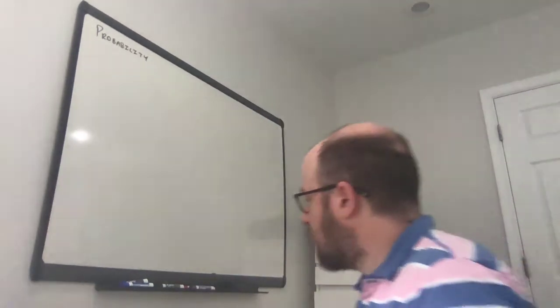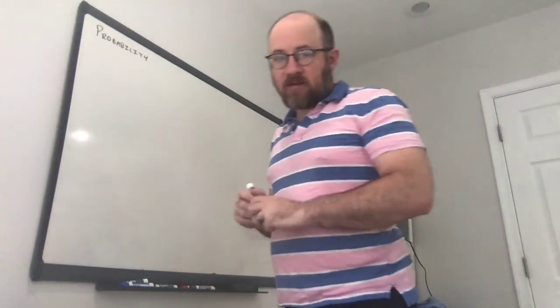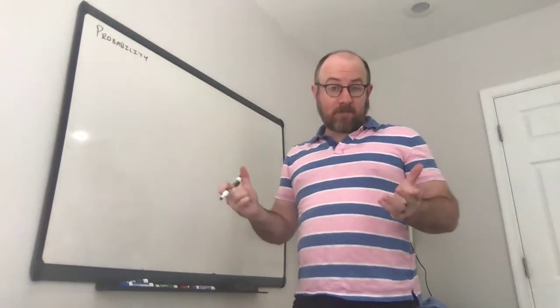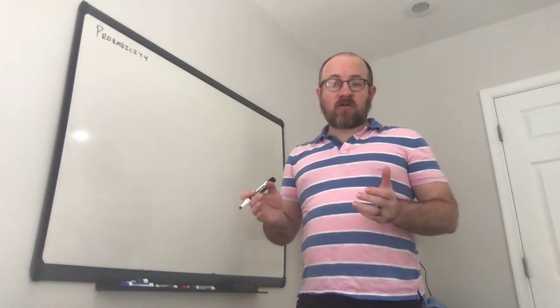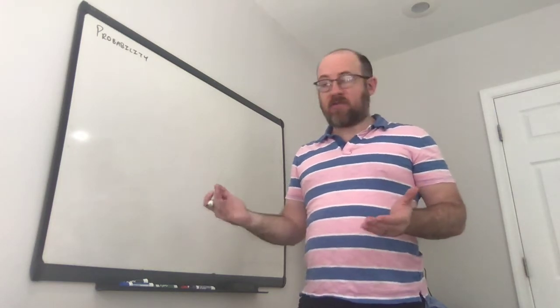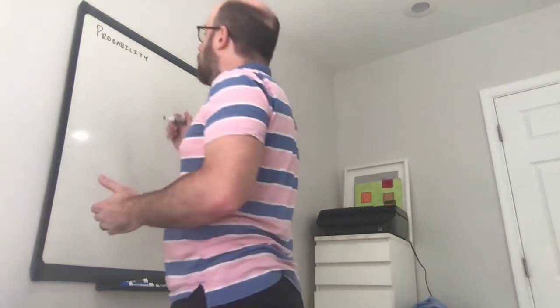Okay. Last topic in this video is on calculating the probability of an event A or B. So when you want to know what the probability is that either one thing happens or another thing. Let me give you an example of this.